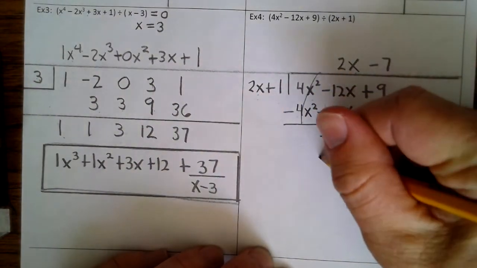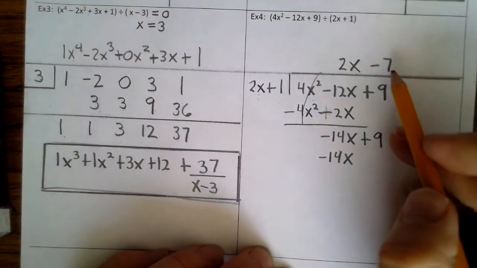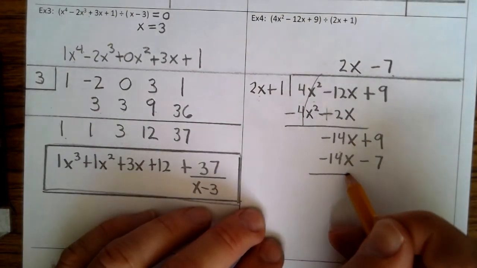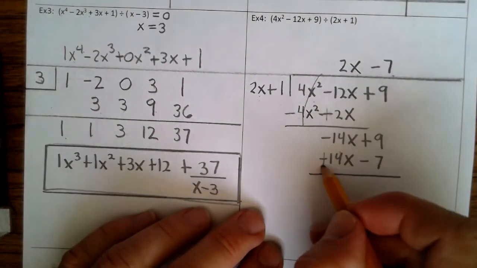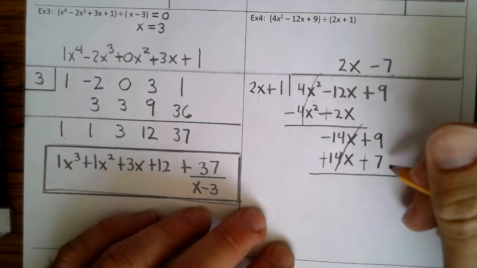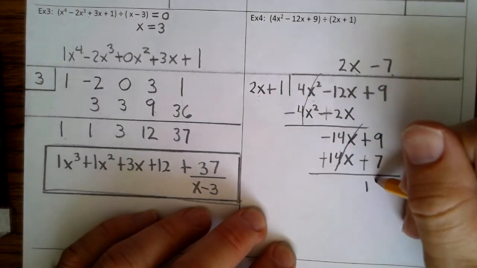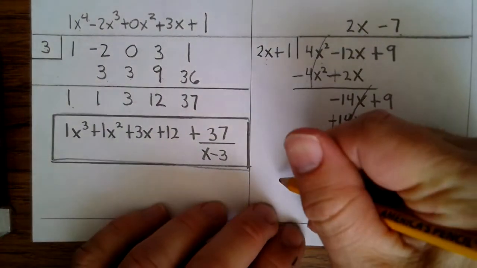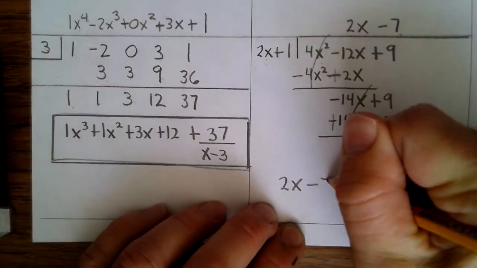You subtract, so that becomes a positive, cancels, and you're left with 16 as a remainder. So the result is 2x minus 7 plus 16 divided by 2x plus 1.